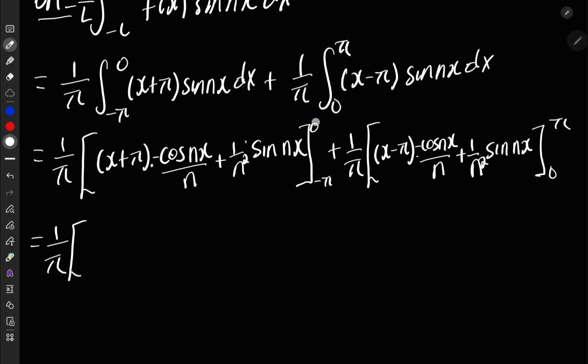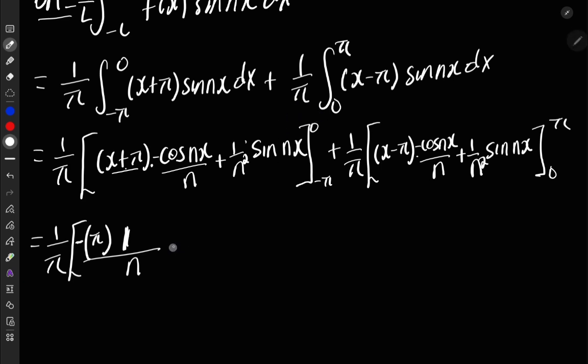So when you substitute the upper bound, which is 0 there, you're going to have pi. Let's put this minus up front. When you substitute 0 here, you're going to get 1. So it's just going to be negative 1, plus 1 over n squared sine, which is going to be 0 when you substitute 0 there.